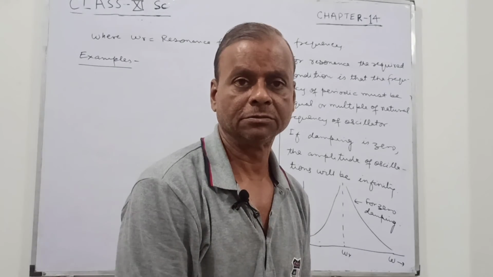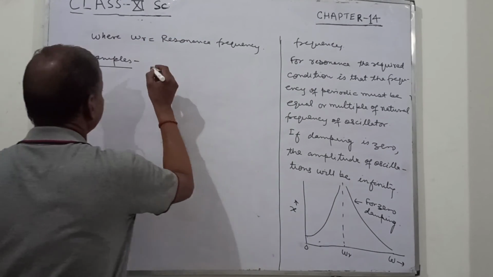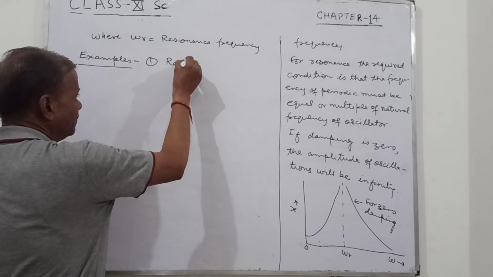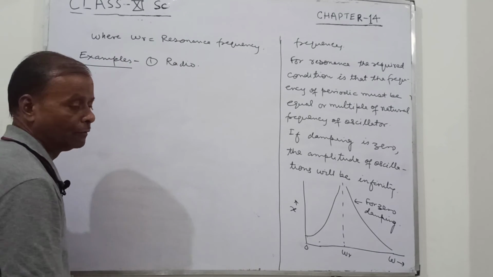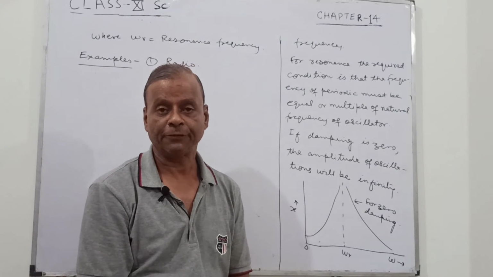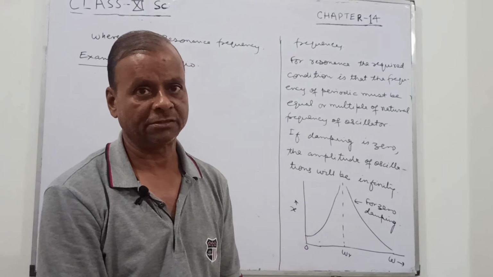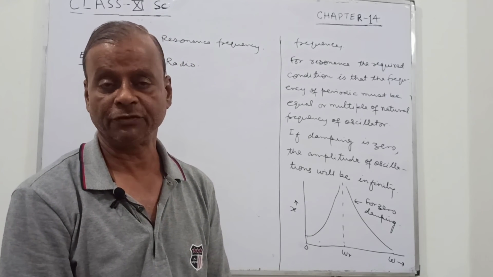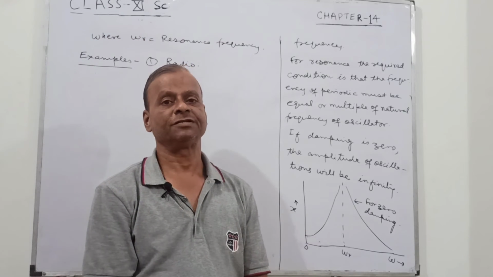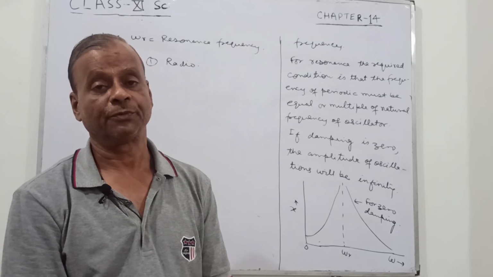On the radio: what happens in radio is that while we are tuning the radio, we try to coincide the frequency of the radio set with that of some radio station. When the two frequencies are equal, you hear the sound, and all programs can be heard.